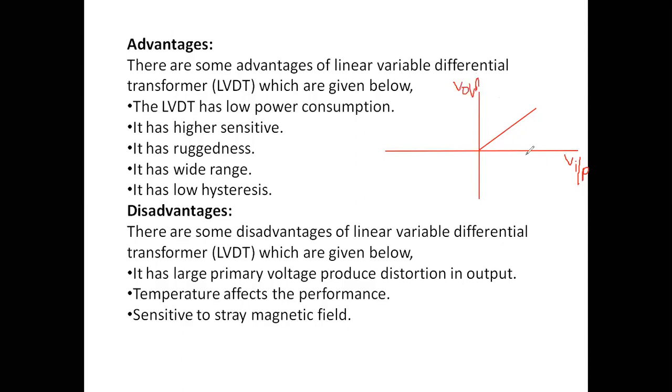If I give 1 volt input, the meter should show 1 volt exactly. If I give 2 volts, it should show 2 volts exactly. If I give 10 volts as input, the meter should show 10 volts exactly.